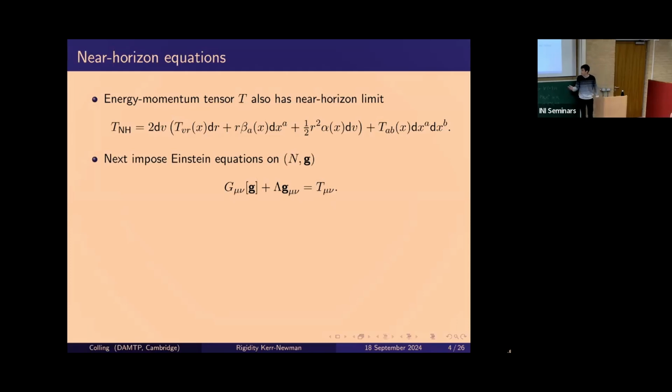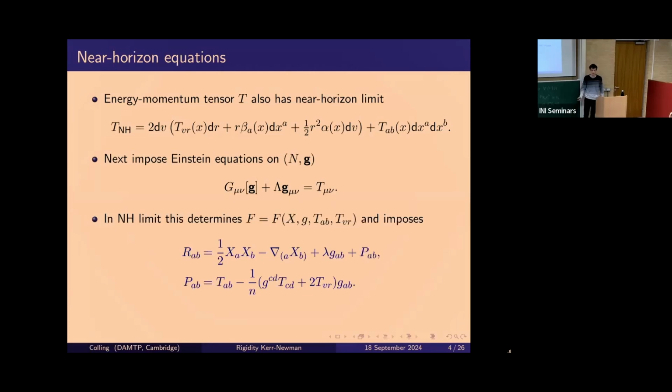So this function F that we had will be determined algebraically in terms of other data. So we can forget about F. And we end up with the following equations, where here and in the rest of my talk, all quantities are quantities on M. So G is the metric on M, R is the corresponding Ricci tensor, nabla is the Levi-Civita connection of G, and then we have this one form X, lambda is the cosmological constant, and then we have the matter terms, which I packaged into this P_AB.